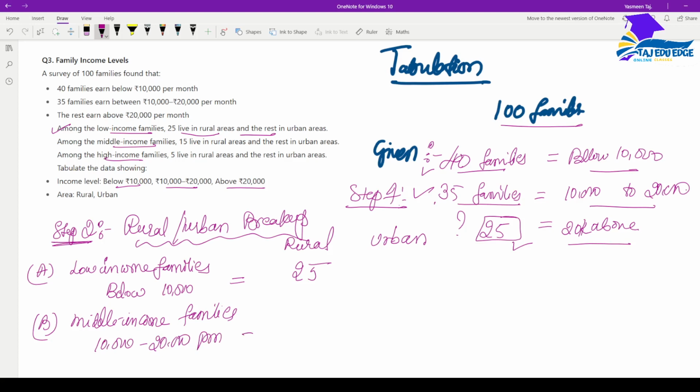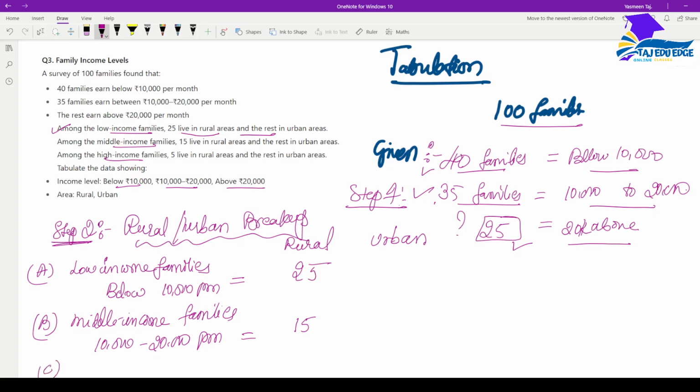PM means per month. Here they have said 15 out of that live in rural area. They again have not said how many live in urban. We will find it later.